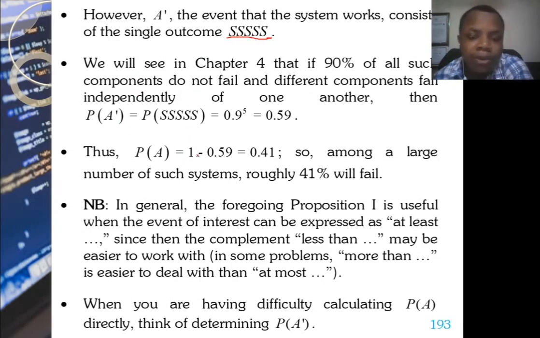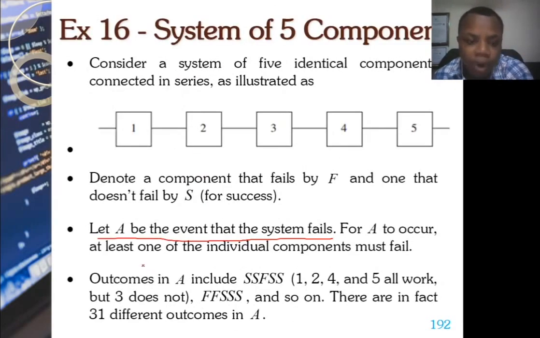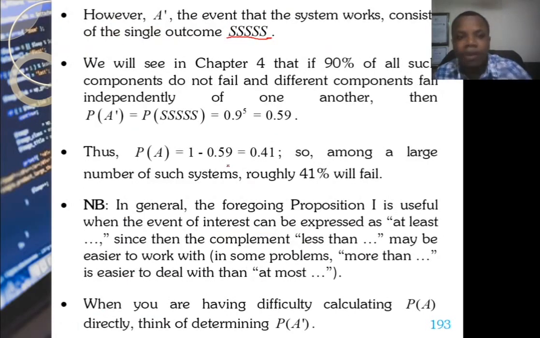Remember that before we can achieve the probability of A, we have to list all these 31 different outcomes. Remember, A is the event where the system fails, and this happens to be 31 different outcomes. However, if you look at the A complement, it is only one outcome.